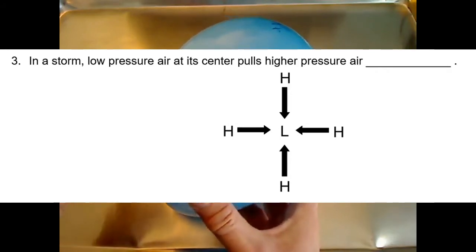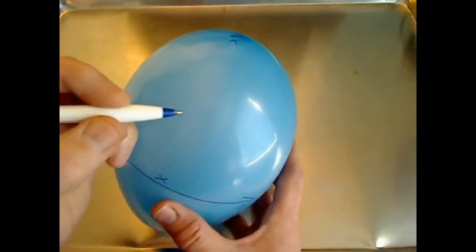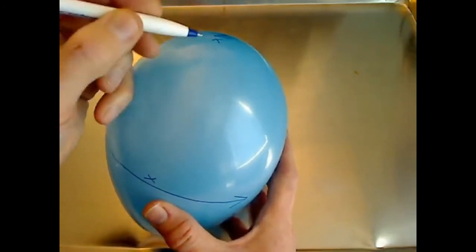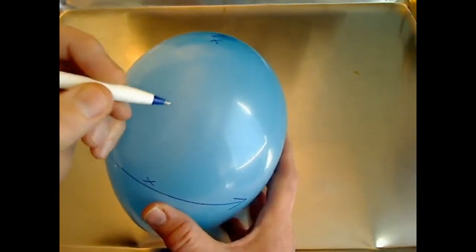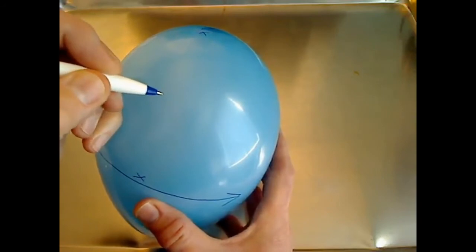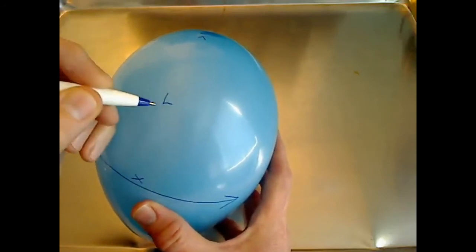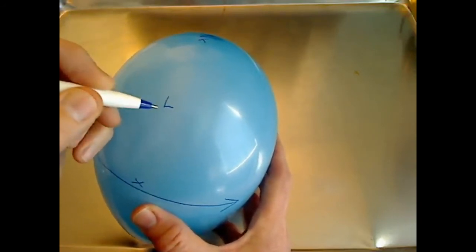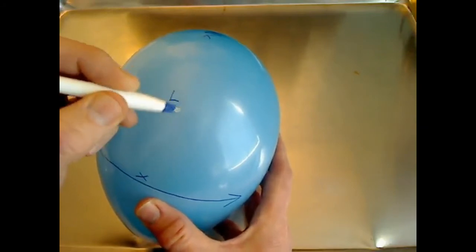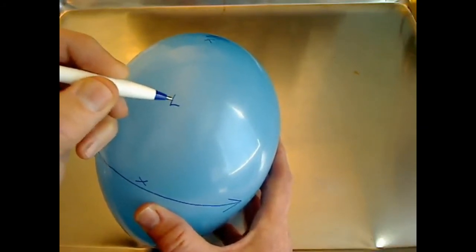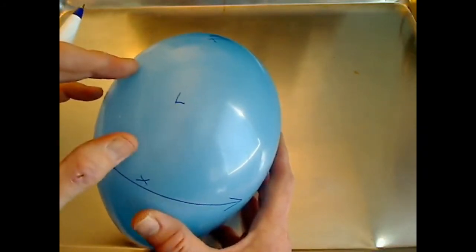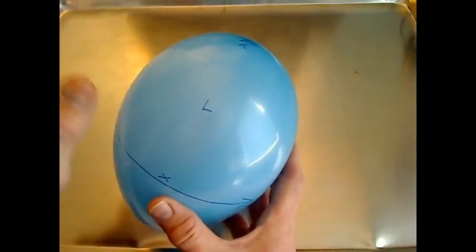I want you to think about this. So what you're going to do is this. Imagine in between these X points right here, there is a low pressure center right here. This means, of course, that there's less atmospheric pressure in this area than all the surrounding area. And why that develops, that's a whole other question.